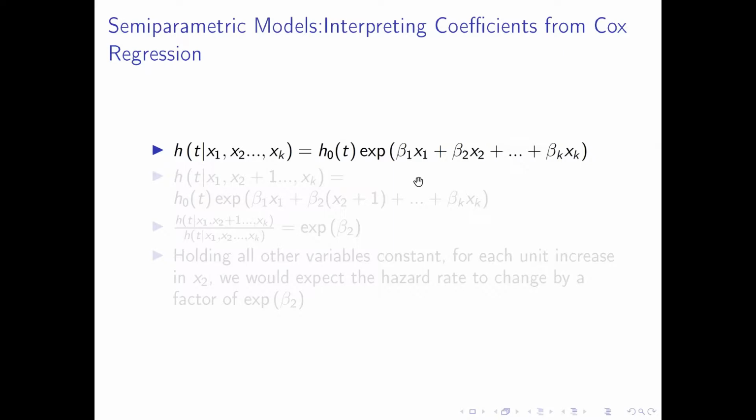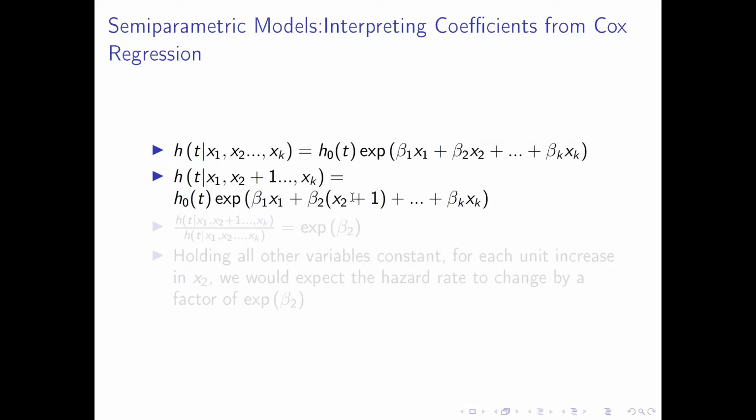Let's say we have this generic variable x2, and I want to increase x2 by 1 unit. The initial hazard function is going to change to this new hazard function, still with this unknown baseline hazard, and within the exponential function we have x2 increased by 1 unit.